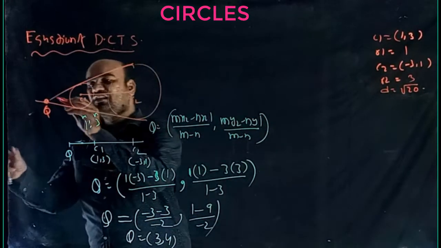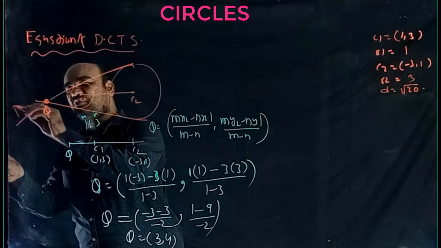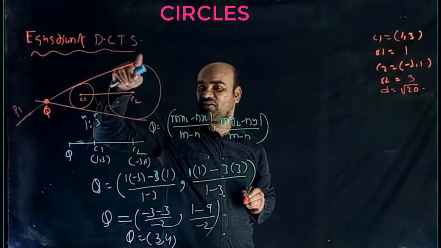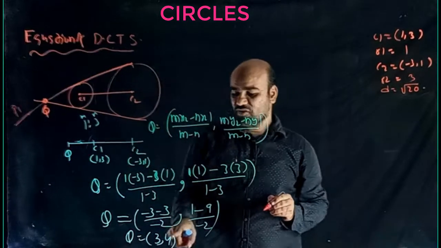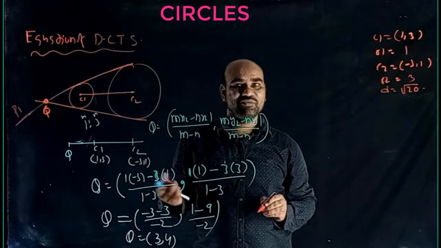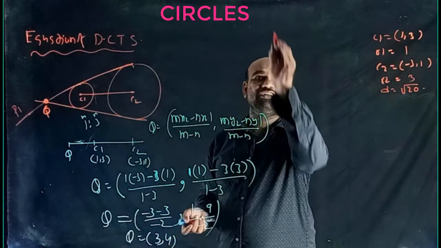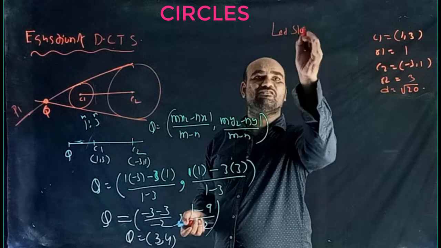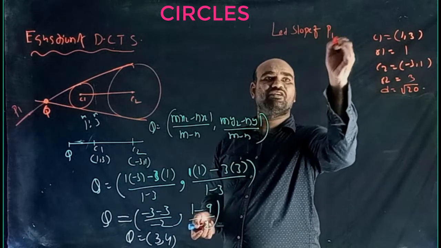Again, now I am saying this equation is P1, the equation of the line, one of the common tangents. One of the points is there, let the slope be m, and the same procedure. Let the slope of P1 be m.